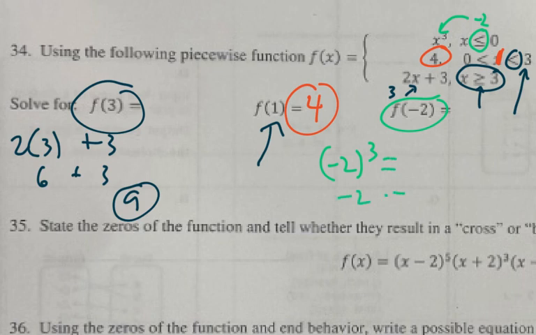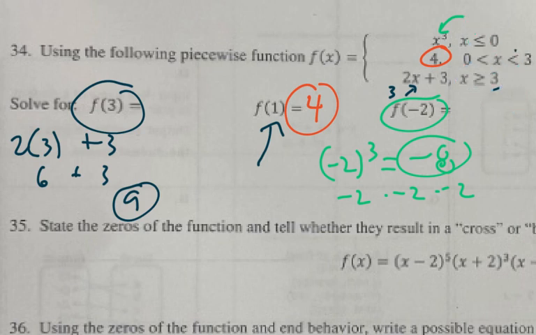Negative 2 times negative 2 times negative 2, which is negative 8. But again, the key thing with these piecewise functions is you focus carefully on the domain intervals there. Okay, and I think we talked about that in a previous video as well.